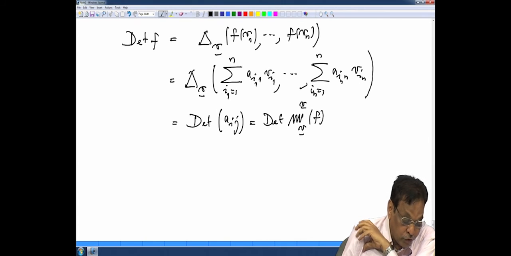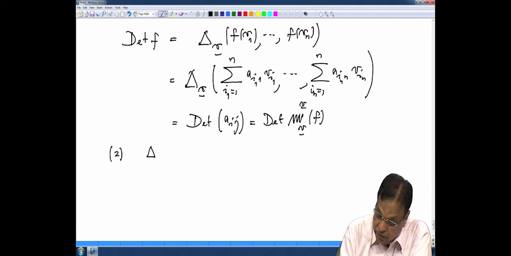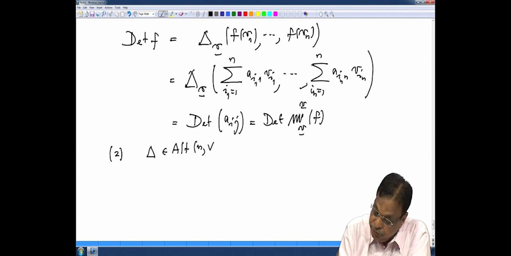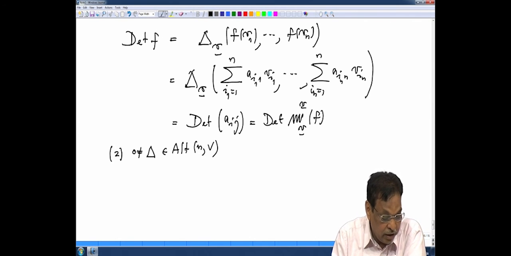Now, to prove the product formula, what do you have to prove? To prove 2, you have to prove that if I am given any non-zero delta in Alt n V, then how is the determinant of the product related?